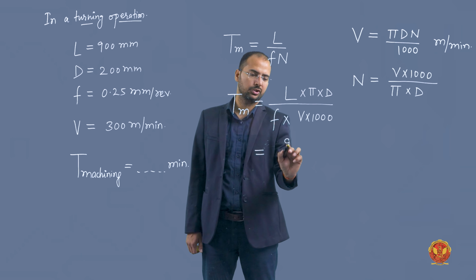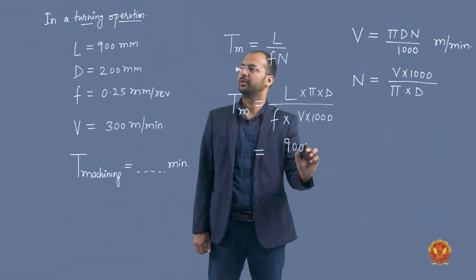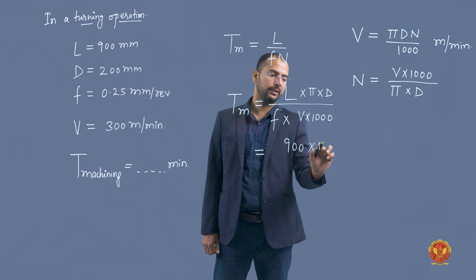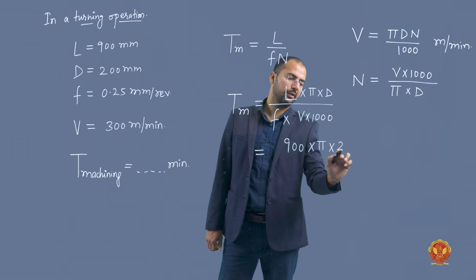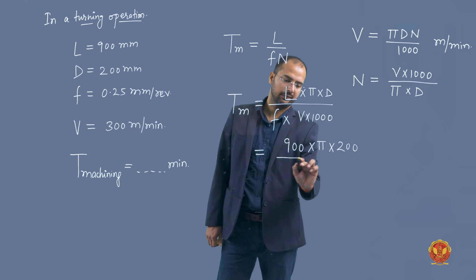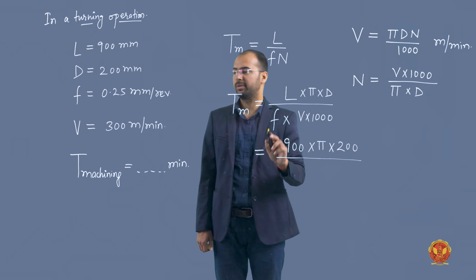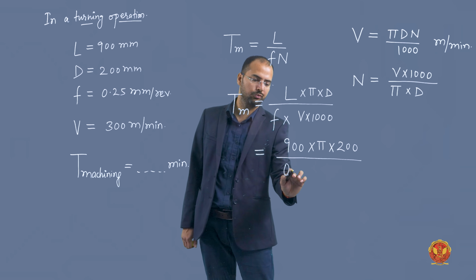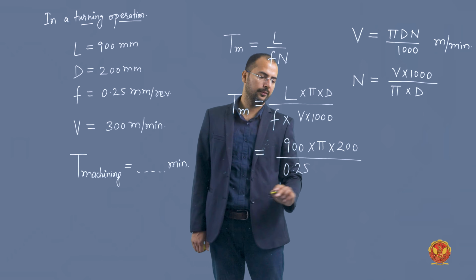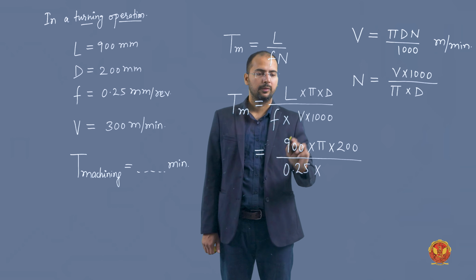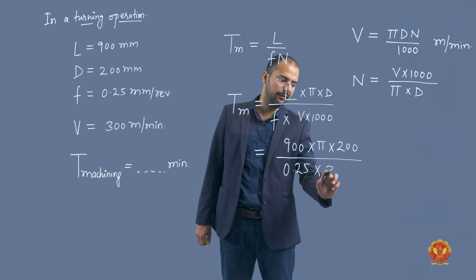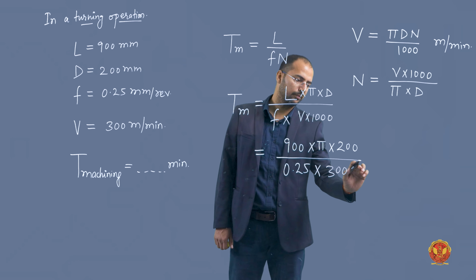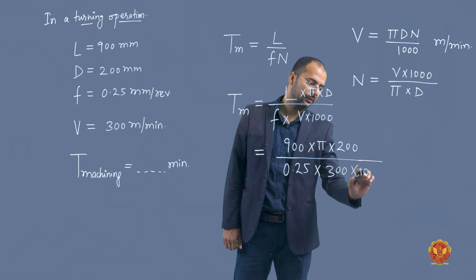Okay, so length of the job is 900 into pi into diameter of the job is 200 mm divided by feed is given as 0.25 into velocity or cutting speed is given as 300 into 1000.